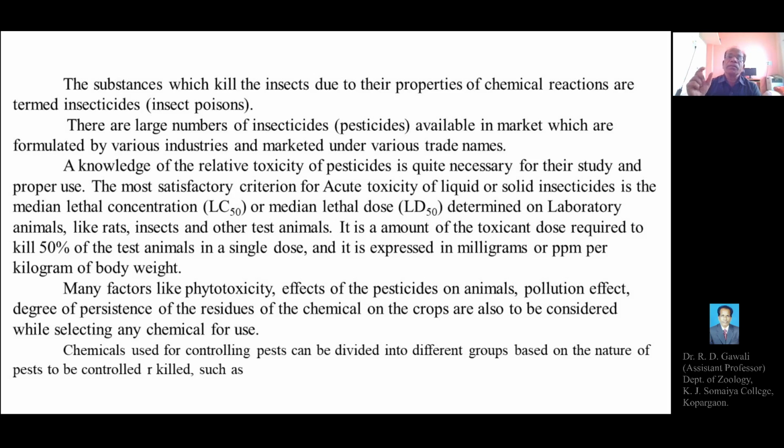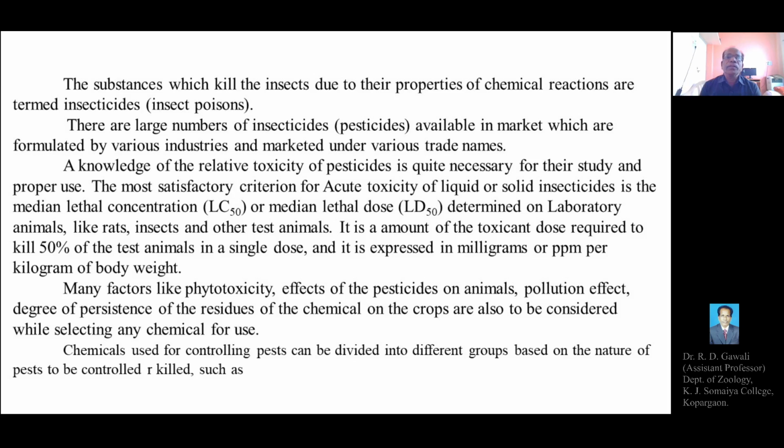The term pest means the destructive organism causing loss or damage to the crops, and cide means to kill. So these are toxic chemicals which kill the different types of pest, and thus the name is pesticides.